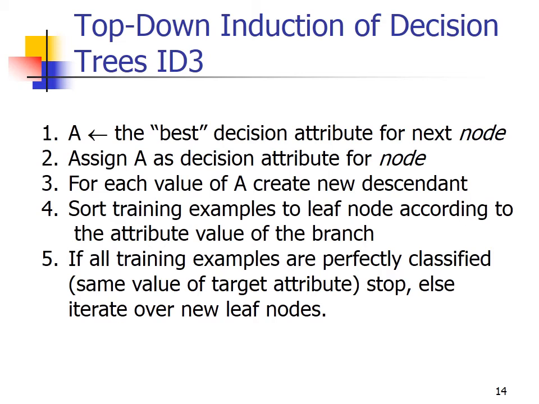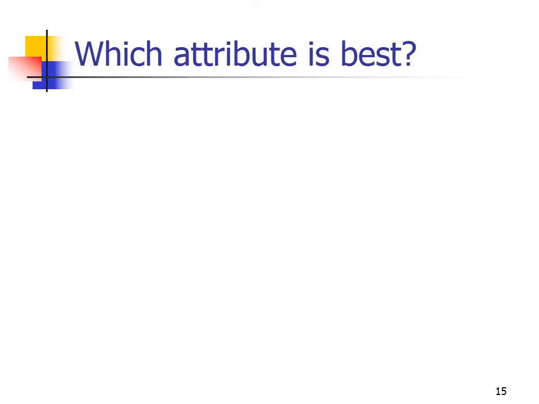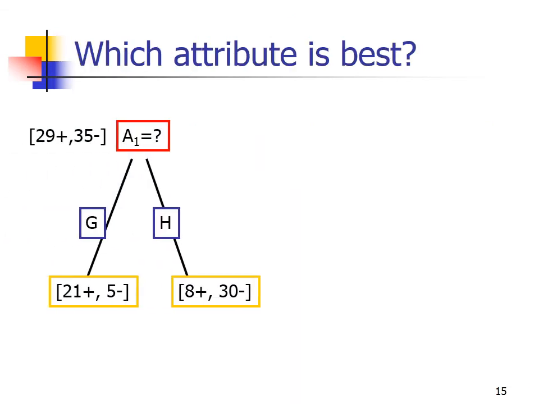Sort training examples to leaf node according to the attribute value of the branch. If all training examples are perfectly classified, stop, else iterate over new leaf nodes. For example, which one will take the root node?